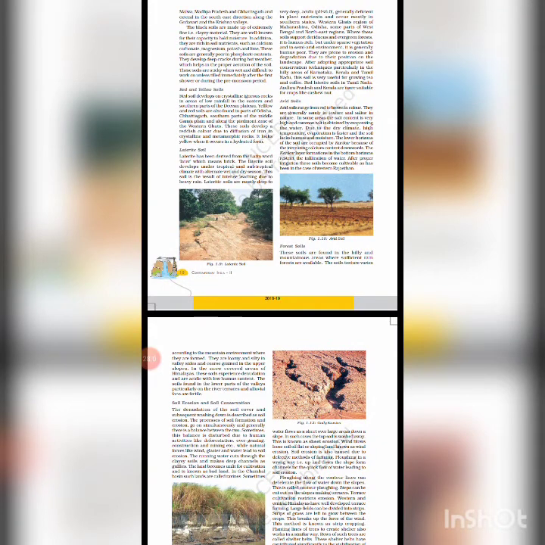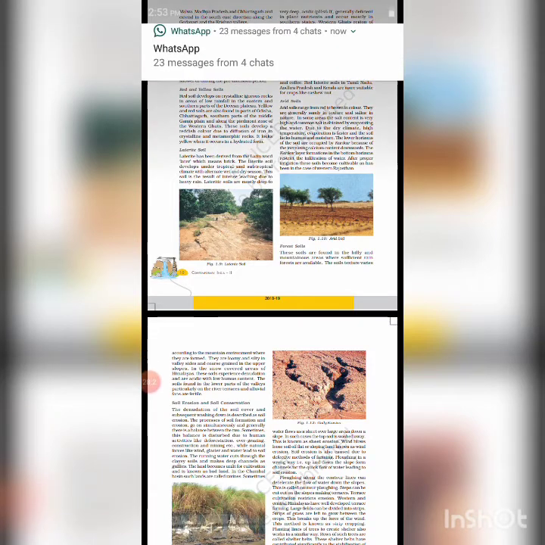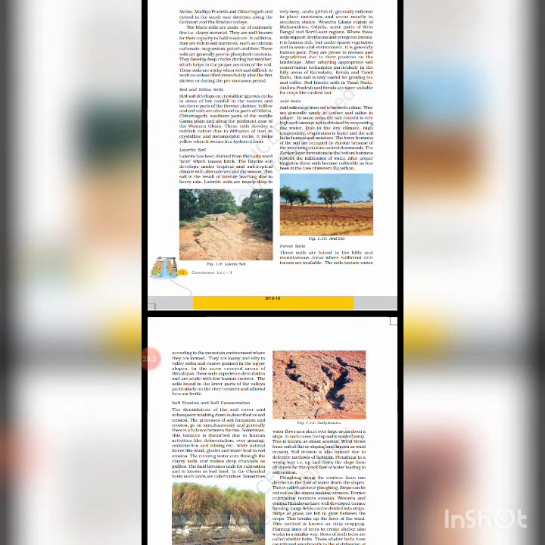Now, the arid soil. Arid soil ranges from red to brown in color. This soil is generally sandy in texture and saline in nature. In some areas, the salt content is very high, and common salt is obtained by evaporating the water.